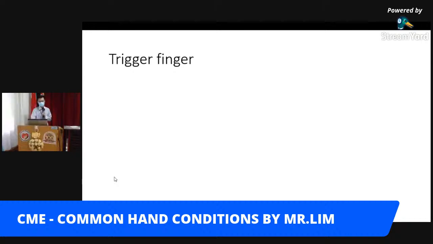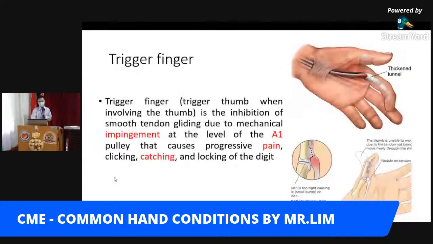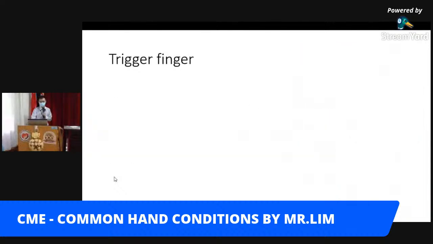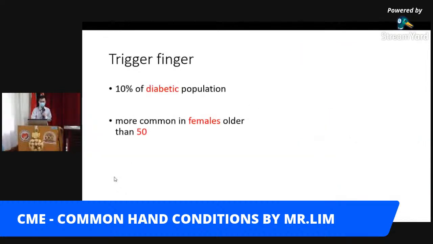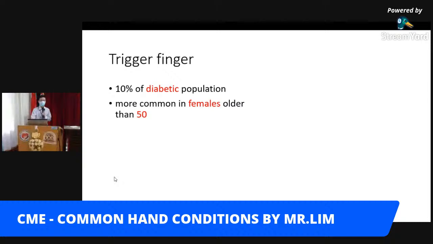So where is A1? The A1 pulley is located at our metacarpophalangeal joint, like shown in the picture in the upper right hand side. It has been shown that it is associated with diabetic populations. There are a few cases presented first as a trigger finger, meaning they had no diabetes before, but they have trigger finger.